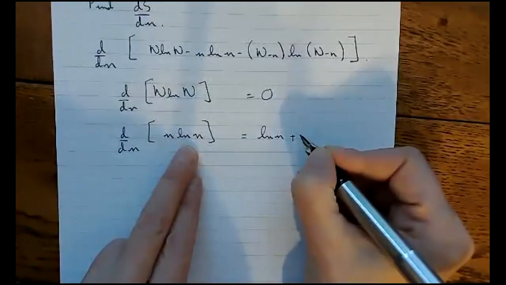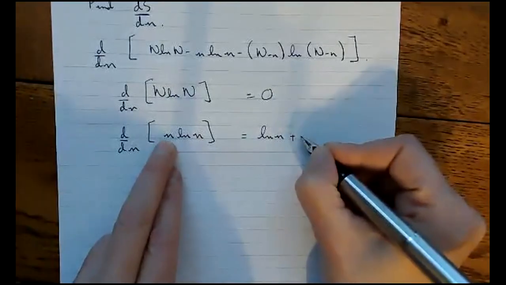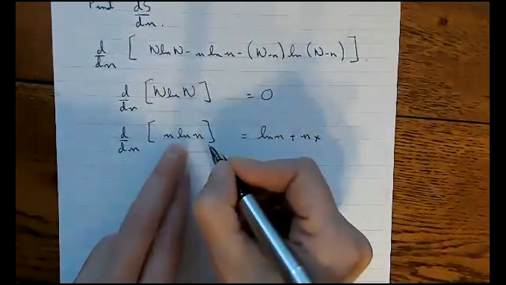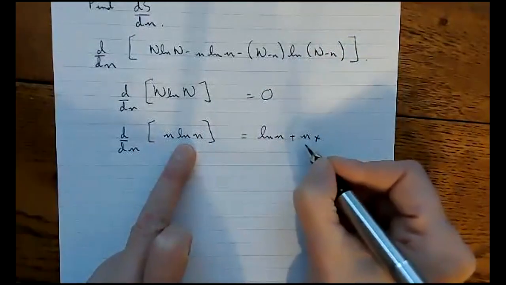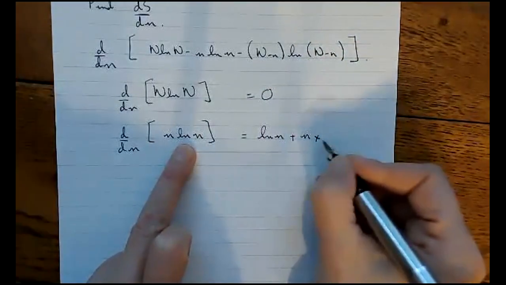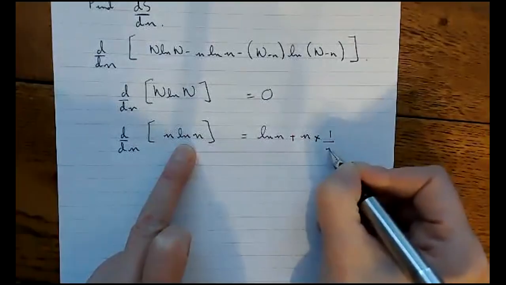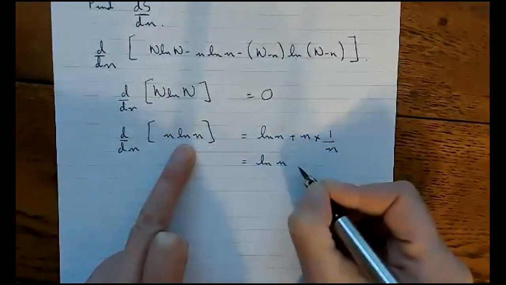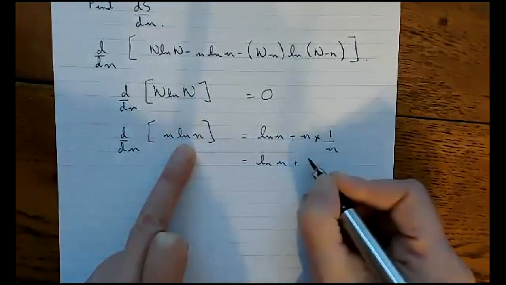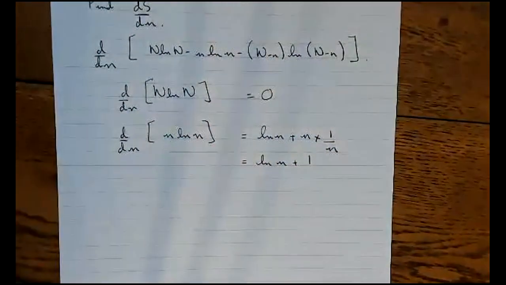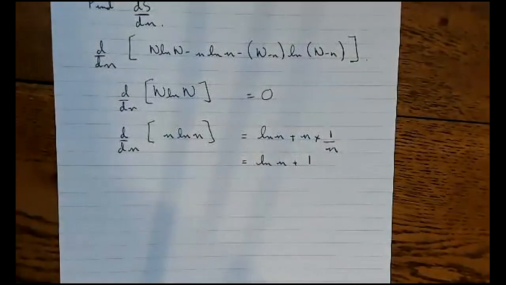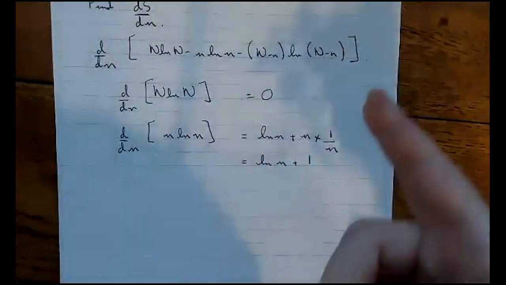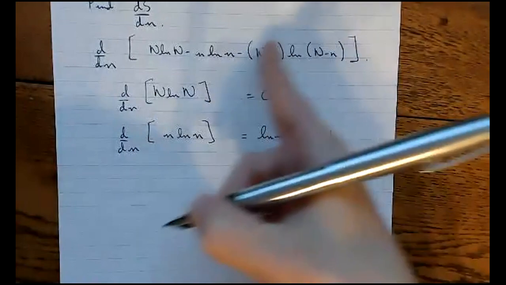Plus, then we're going to keep this one, so n times, and differentiate this, where the derivative of log is 1 over, so times 1 over n. So we get ln little n plus 1. So that's that term.